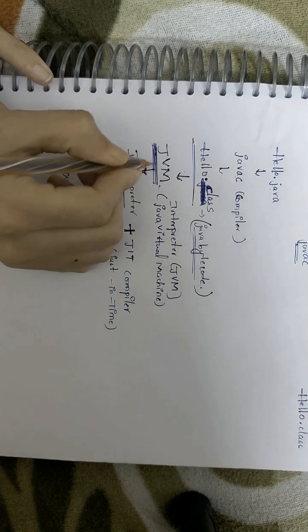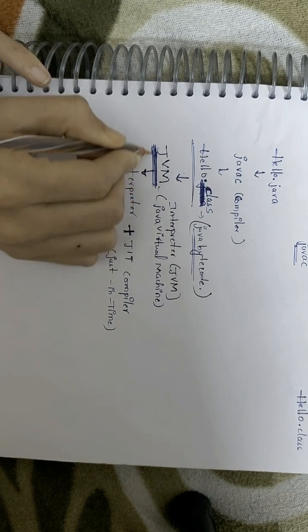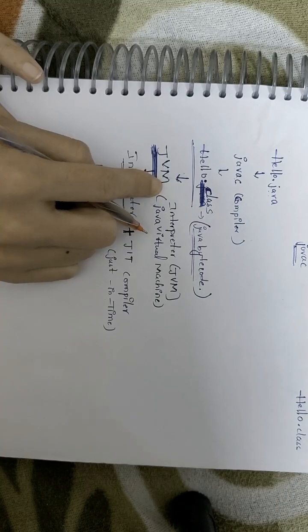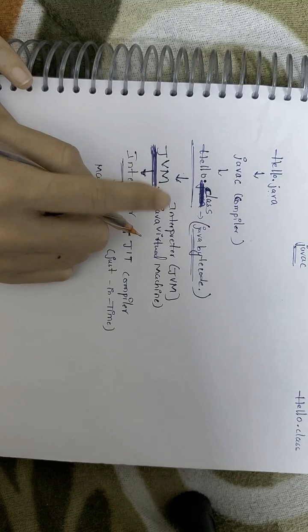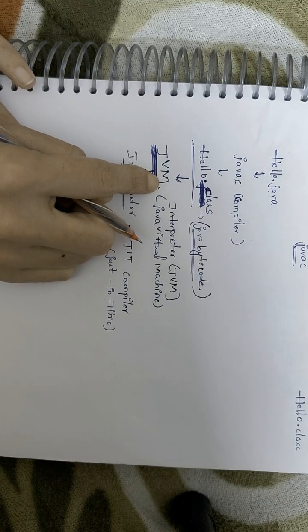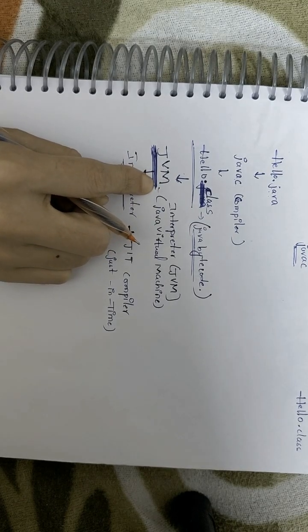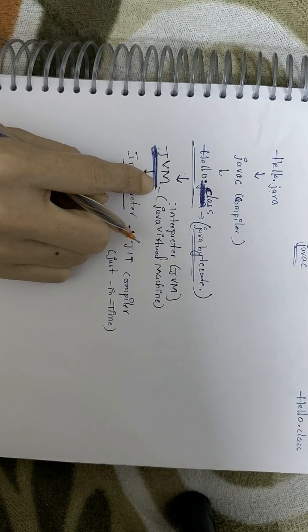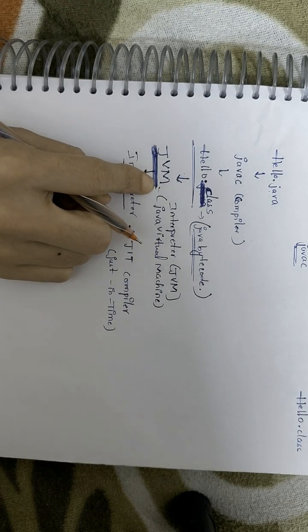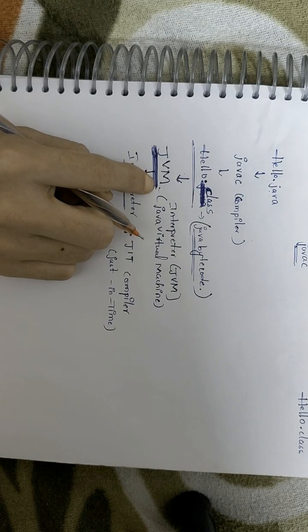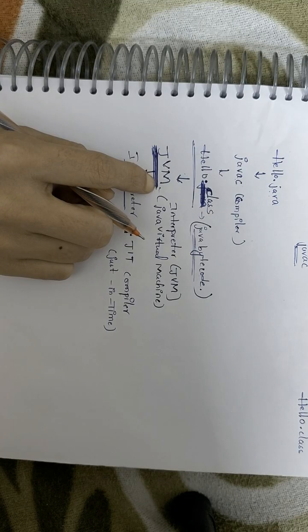We always say Java is a platform independent language. By the JVM, the Java Virtual Machine, the Java source code can run on any platform. This means we can write our code once and execute it on different platforms, that is, operating systems.